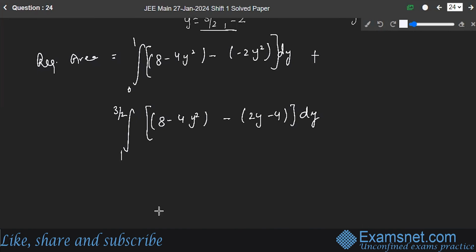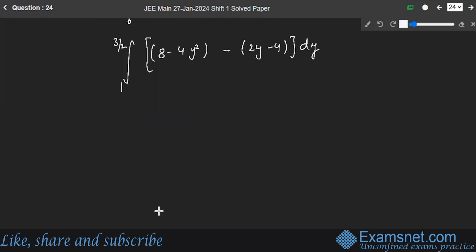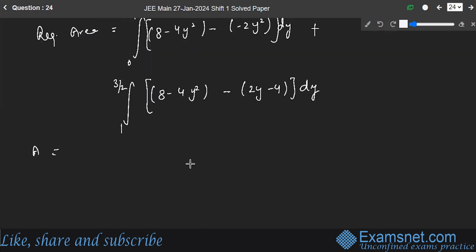Right. So now let's solve it. So required area, this is given by, okay, so this was integration dy. Okay, fine. So this is 8y minus 4y cube upon 3.